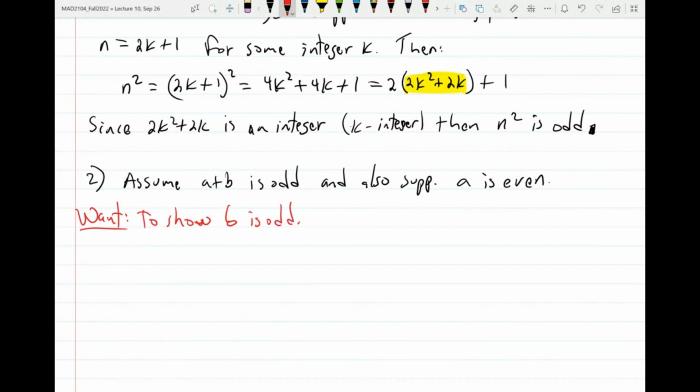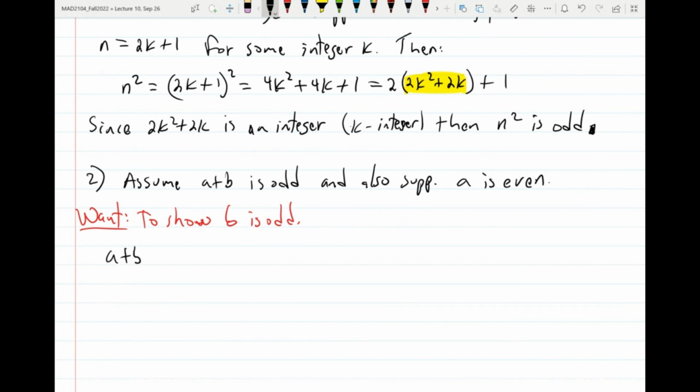Remember, the statement is given that A plus B is odd, I need to argue that either A or B, one of them must be odd. So given this, let's suppose that A is even, then I better get the other guy odd. How do we do this?